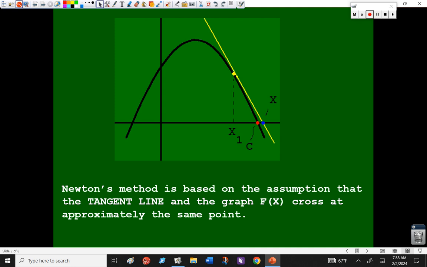If you look here, we have a red dot, which is C, and an X, which is labeled right there. It's a little blue dot. These are really close together. And the better approximation we get, of course, the closer is the approximation of the line to the actual function.